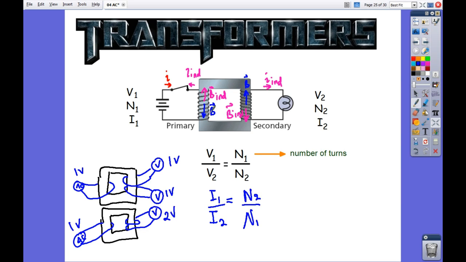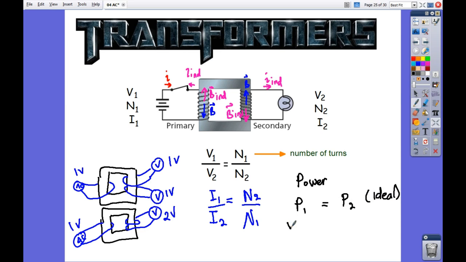So what is actually being transferred? The thing that is being transferred here from primary to secondary is actually power. So P1 should be equal to P2 if it is an ideal transformer.